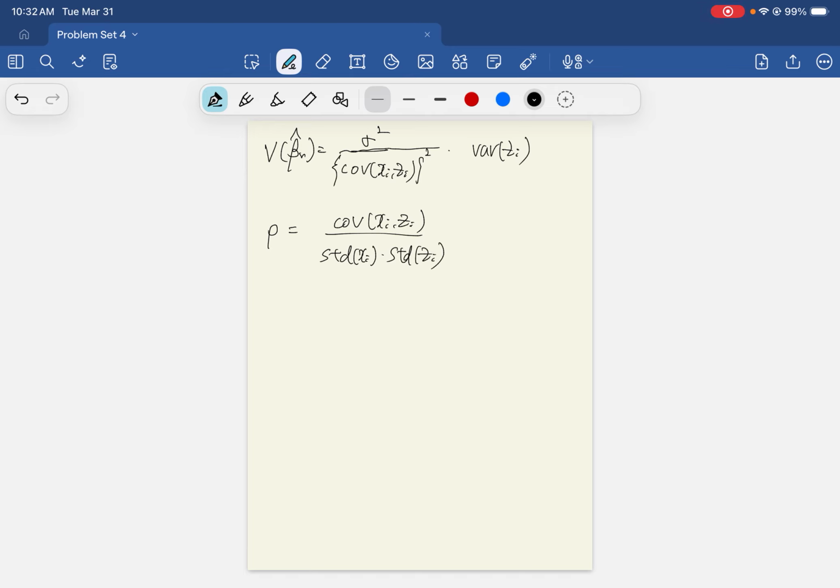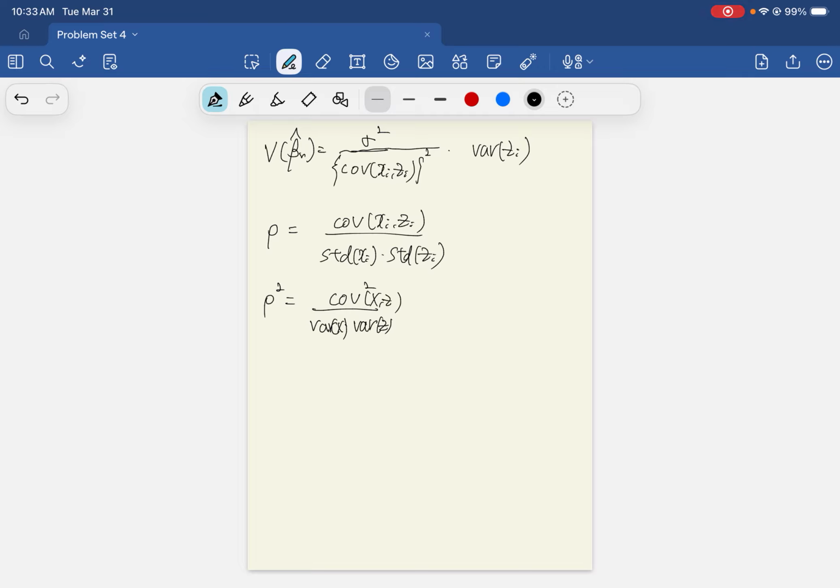This is the definition of the correlation coefficient. That means if you square this, you are going to get covariance squared divided by variance of x and variance of z. Of course, here x and z.